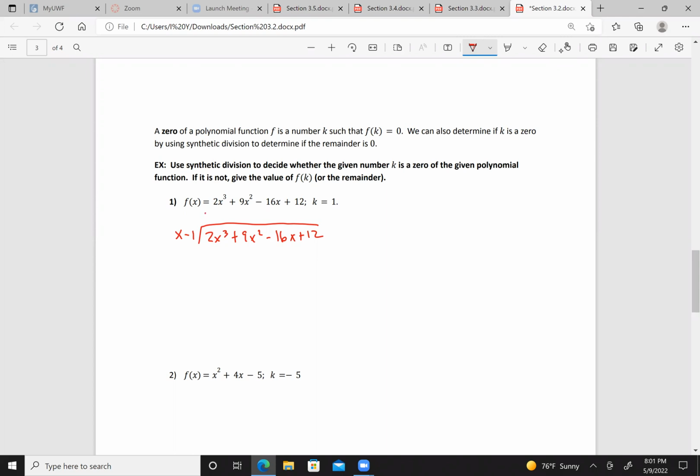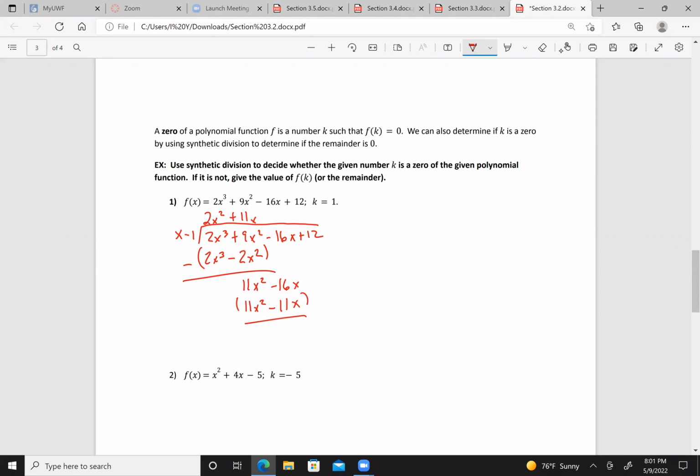So here we have 2x squared gives me 2x cubed minus 2x squared. Subtracting everything gives me 11x squared. Bring down my minus 16x. So here plus 11x gives me 11x squared minus 11x.